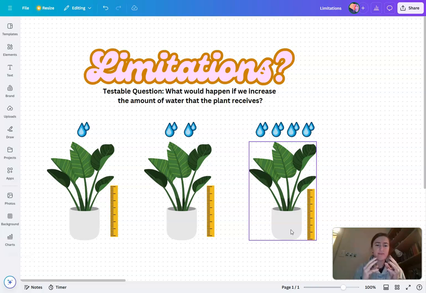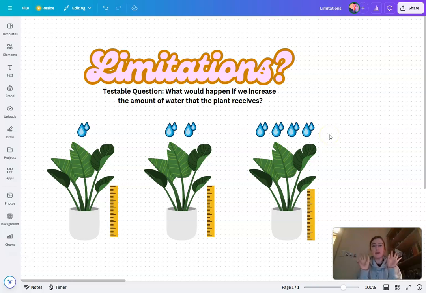Like you can't do an experiment on one plant only, then your data is not going to be correct anyway. So these are the same species of plant, they're the same age, etc. Okay, so in this scenario we would have zero limitations. Everything is perfect, and the only thing that we change is the amount of water that each plant receives.